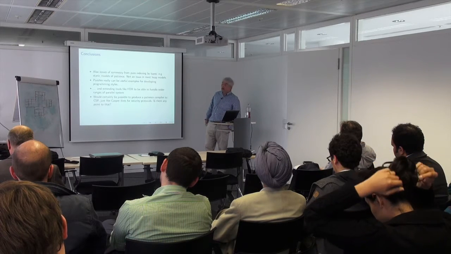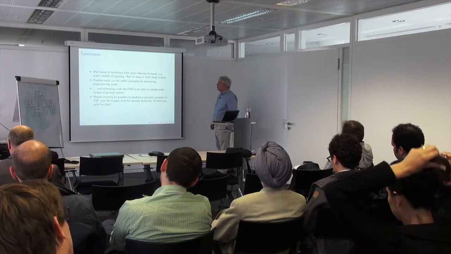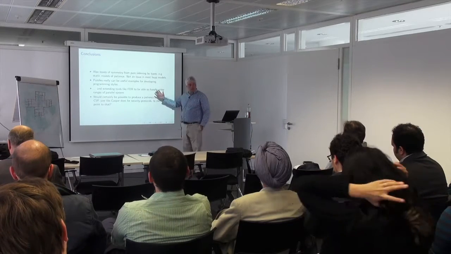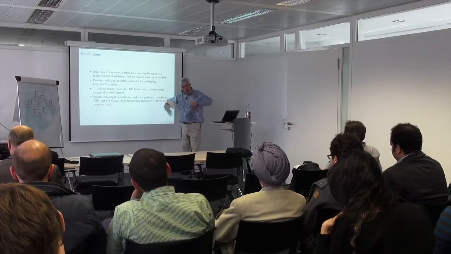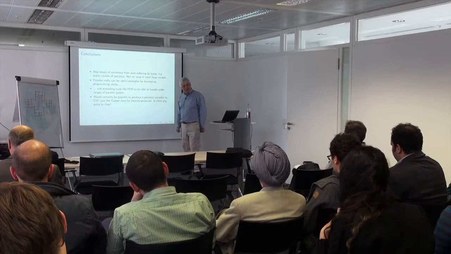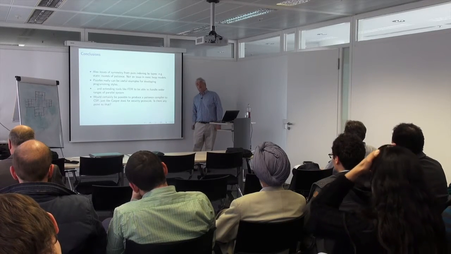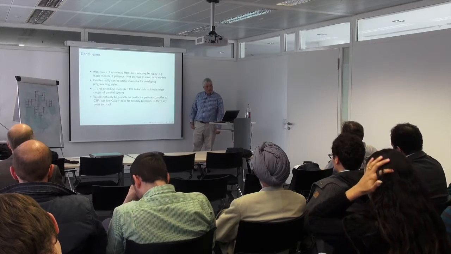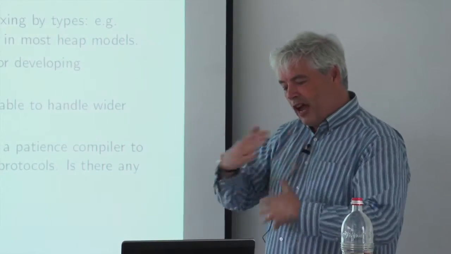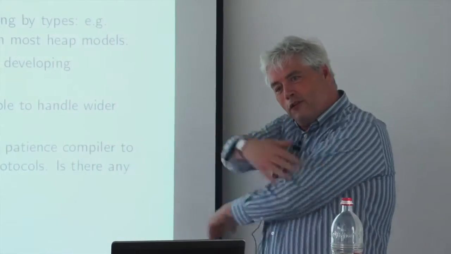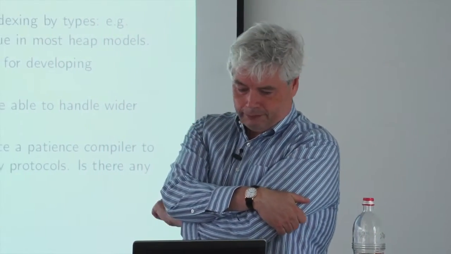And it strikes me it would be quite a nice project for an MSc student, but probably no more interesting than that, to do the same for a patience compiler here. So in other words, you need a language in which you describe games of patience. And you find there is actually quite an ontology of patience, if you'll forgive me using a fashionable computer science word. In other words, a standardized vocabulary of patience games which allows you to describe them. It's a whole new world.